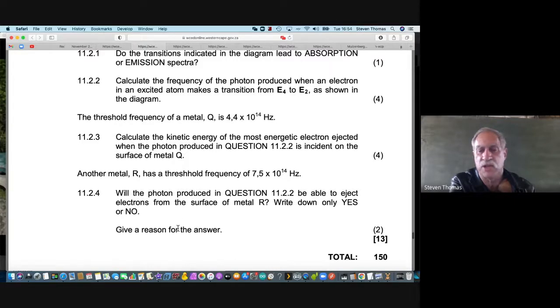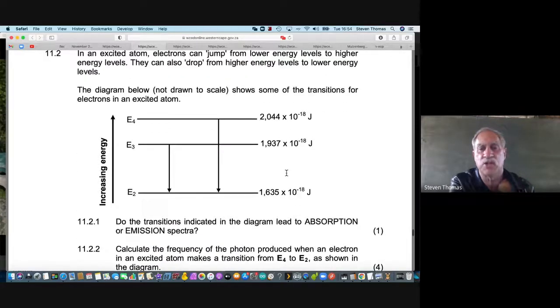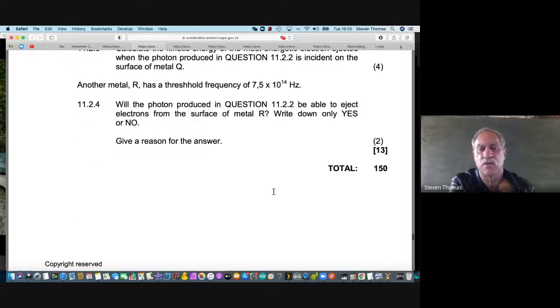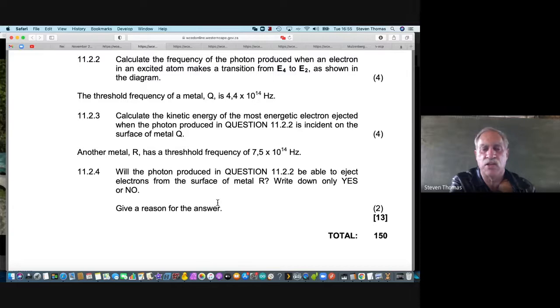That's about the best I can do for that 2017. But one could definitely know whether that times Planck's constant is greater or lesser than that minus that. If this is greater, then it will not be able to. And then they say write down only yes or no, and give a reason.